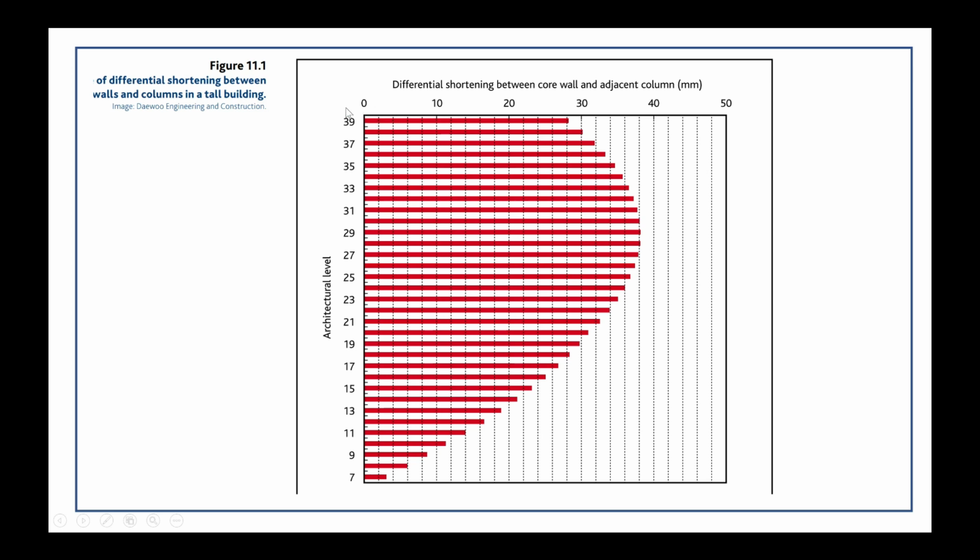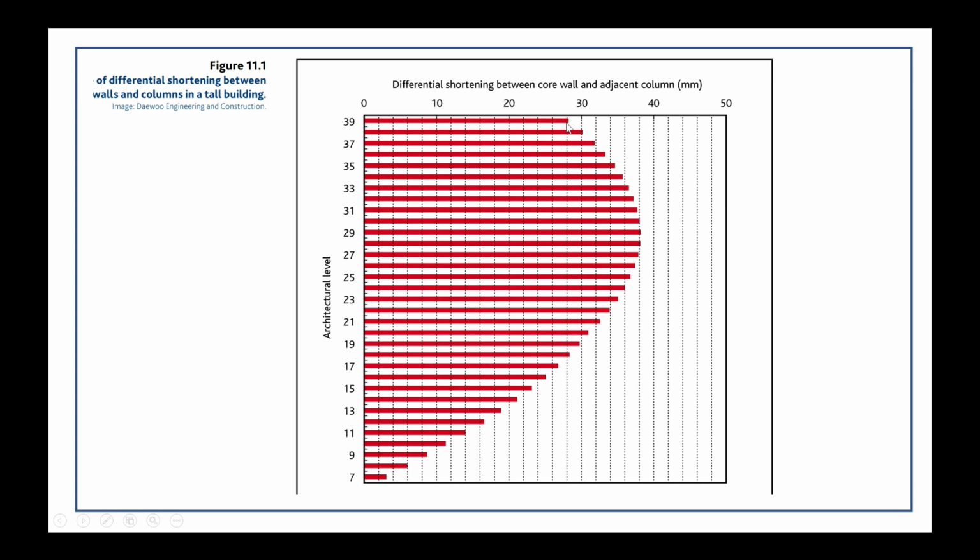For the horizontal axis: 0, 10, 20, 40, 50 millimeters, and the vertical axis is the architectural wall: 7, 9, 11, 19 and 39 floor. You can observe the difference between the differential shortening of the core wall and the column.